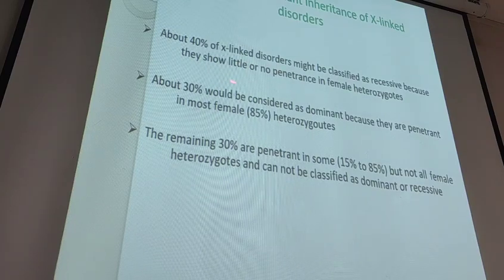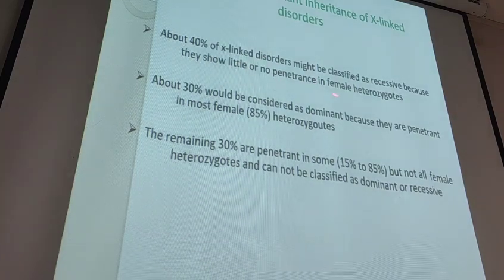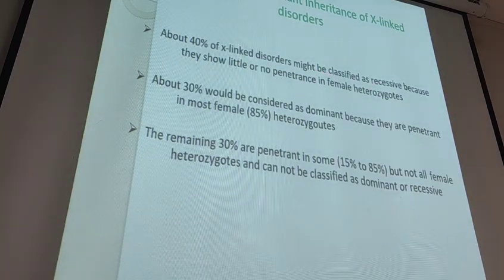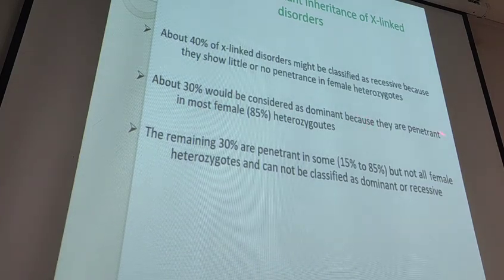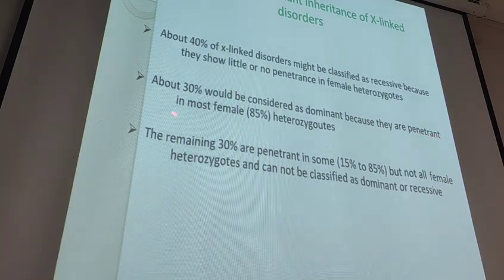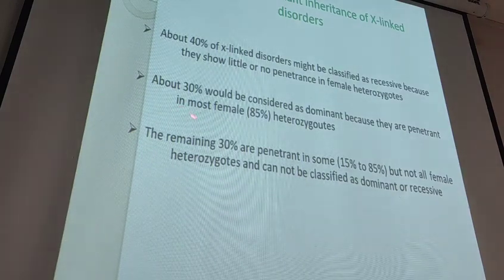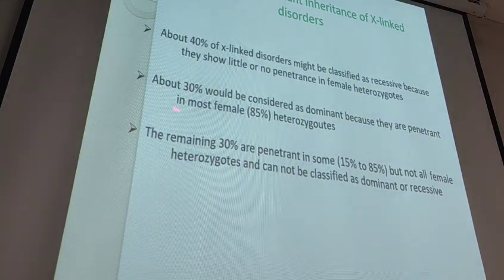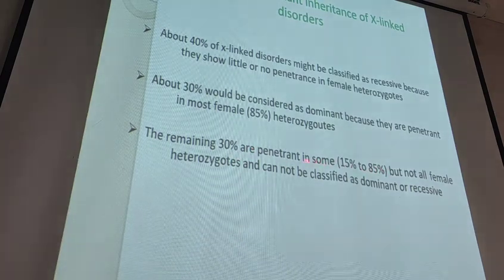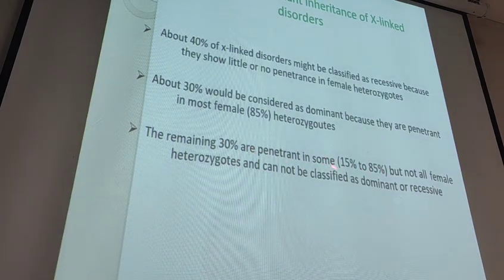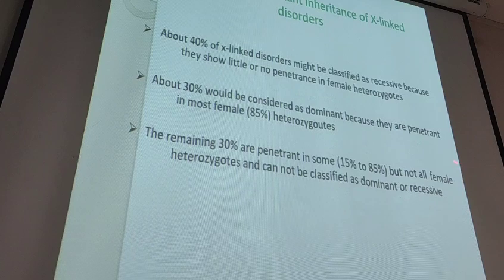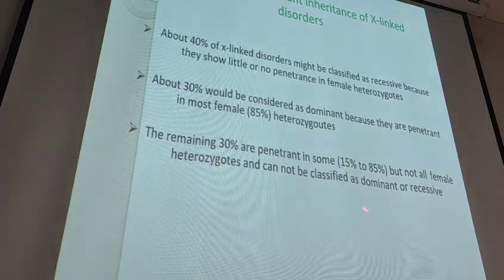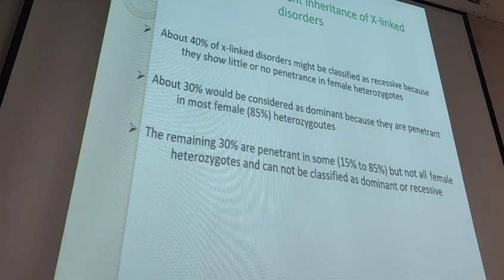They have little or no penetrance in female heterozygotes. About 30% are dominant because they are penetrant in most female heterozygotes, and the remaining 30% are present in some, but not all females. So they cannot be classified as dominant or recessive.